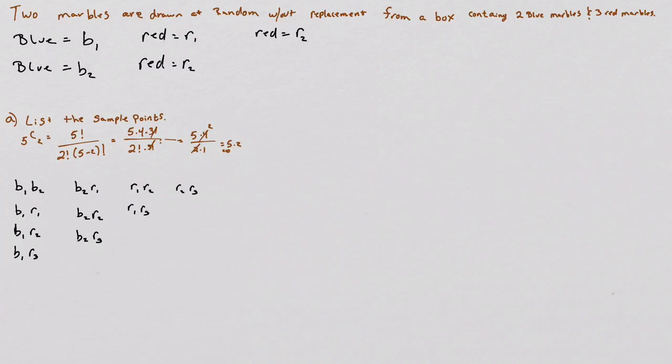If I add these up, I've got 1, 2, 3, 4, 5, 6, 7, 8, 9, 10. And up here it told us we should have 10 total combinations, and we have all of those. All right, so B says assign probabilities for each sample point. Pretty straightforward. If there's 10 of them, I have an equal chance, and each one of these is one of my options of the 10. So my probability is going to be 1/10 for each one of these.